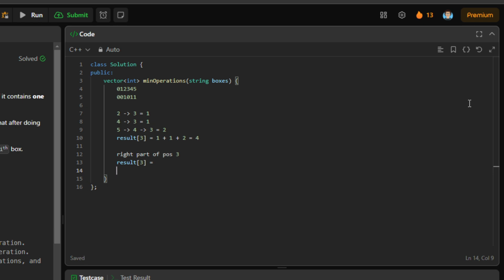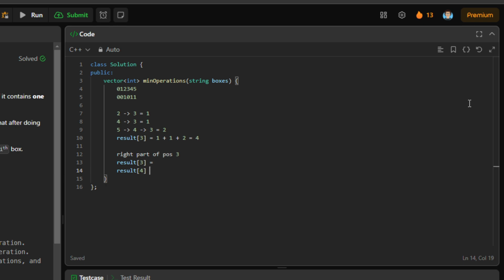So how are you going to do this? We are going to need information about the position just after it. Result of 4. The position after 3 is 4. If we were talking about moving balls from the left part to position 3, we would need information about the previous index. In case of the right part, we need the information about the after index.